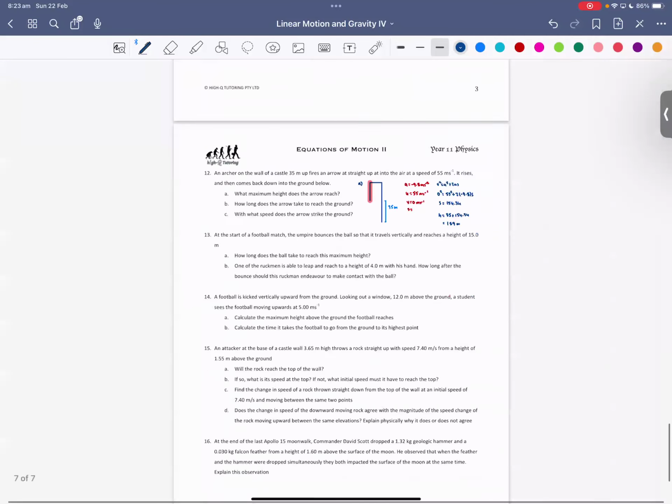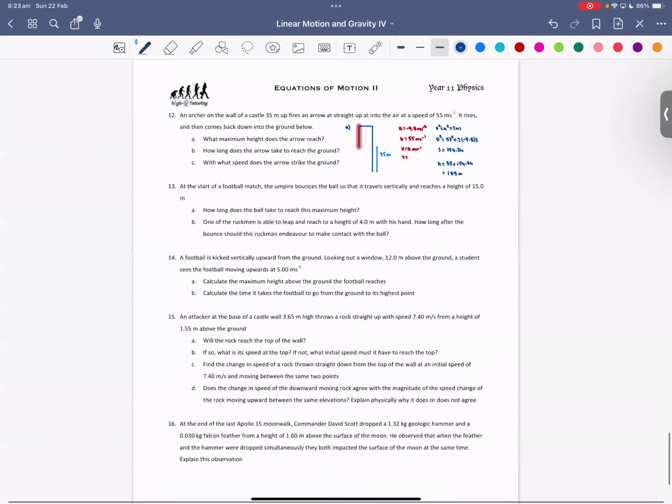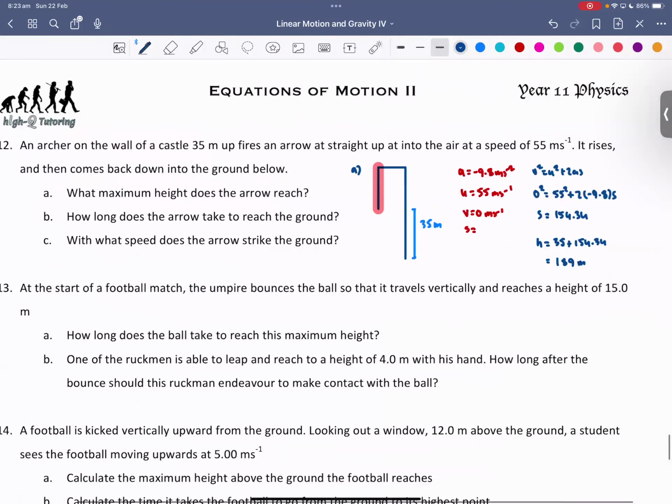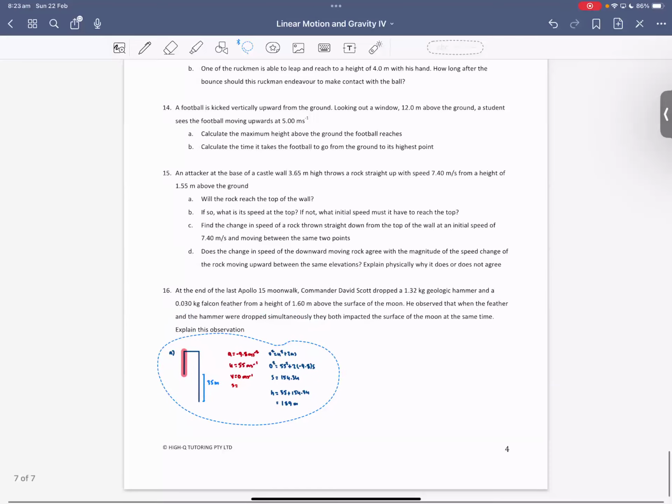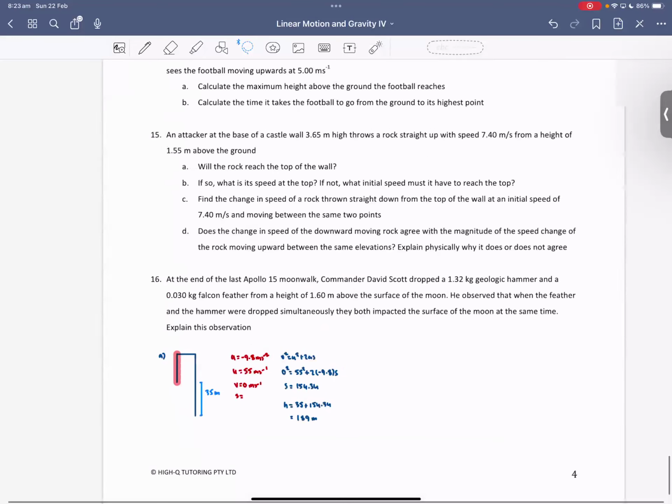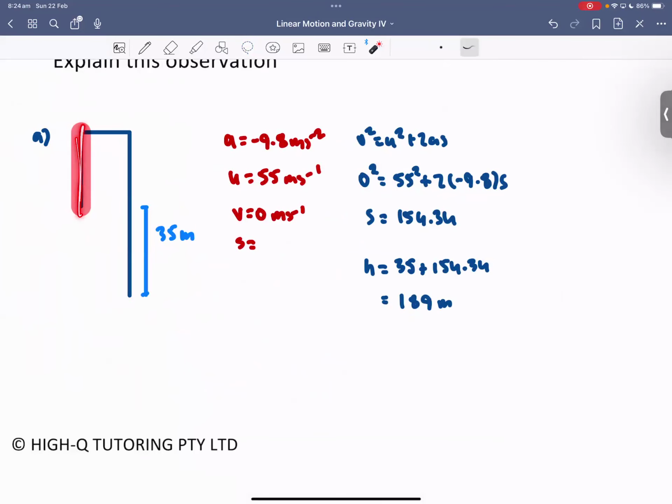The next part says, how long does the arrow take to reach the ground? And with what speed does the arrow strike the ground? All right, Adi, do you feel like finding the time taken to do this part and then the time taken to do this part and then adding them up? Do you feel like doing that? No. What do you feel like doing?